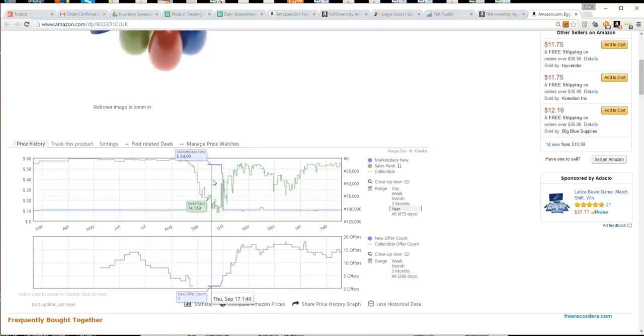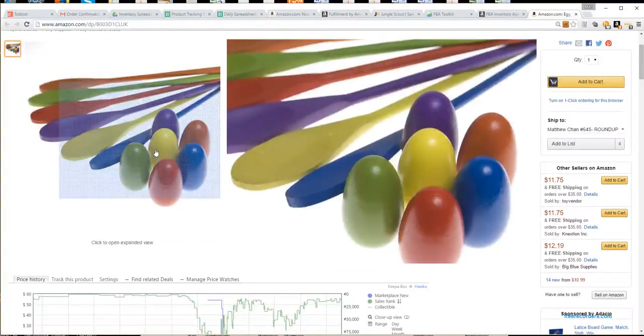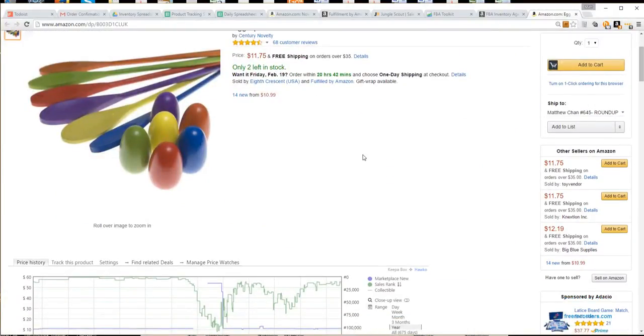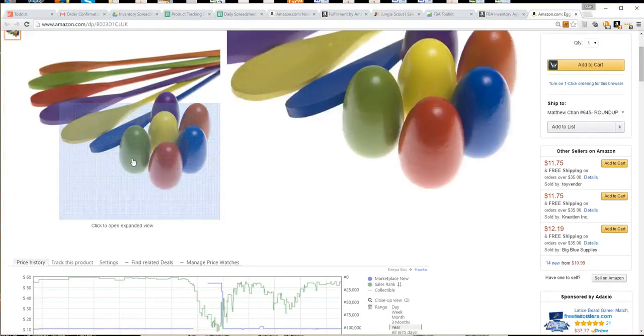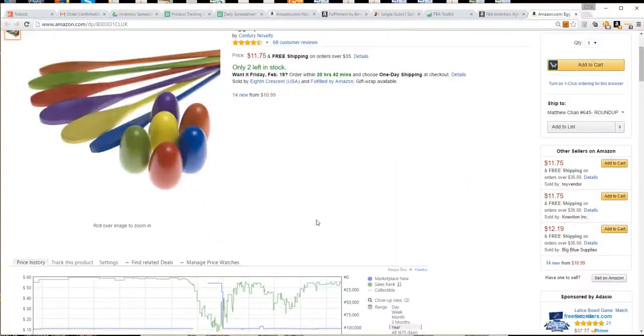It's ridiculous. And sometimes you just need to use common sense, which I didn't use. It's an egg and spoon set. For $50, are people really going to purchase something like this? It's just a few sticks and a few wooden eggs.